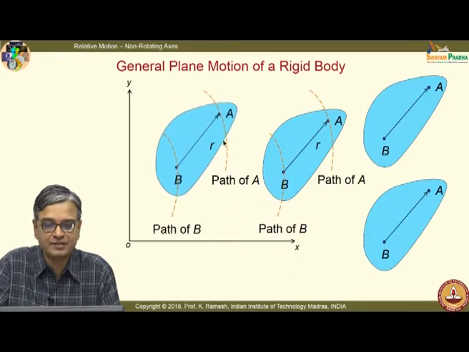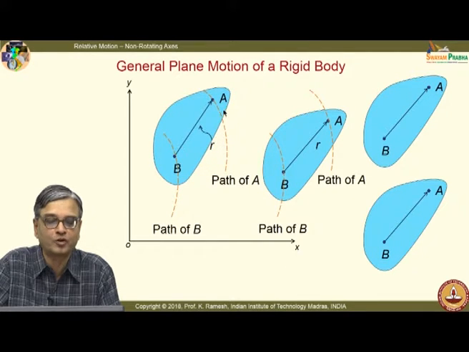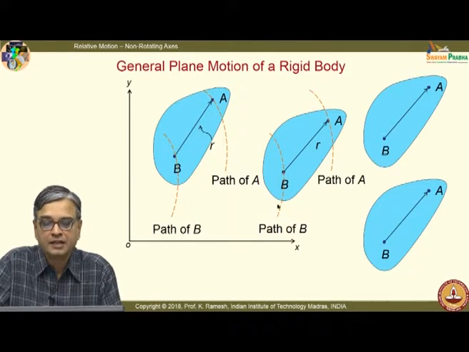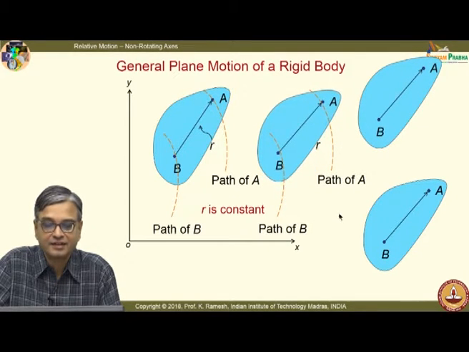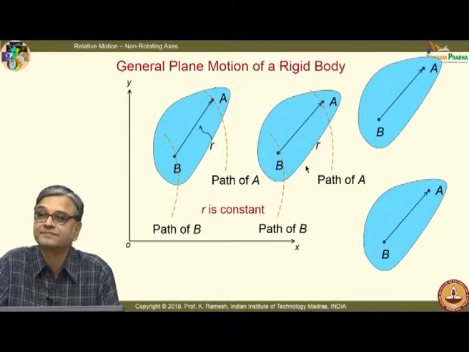Here again I have this general plane motion for this rigid body, and this we would initially have a translation like this. When I translate, it is not the same as what I have here, it is different.